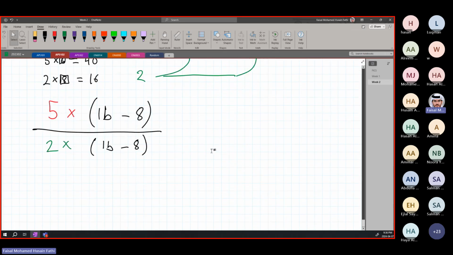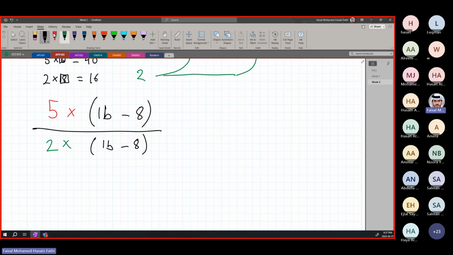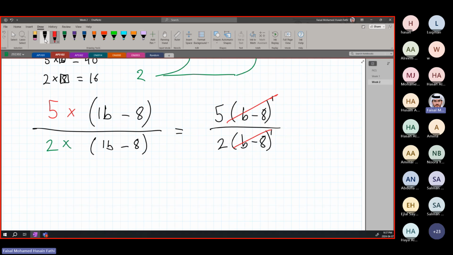So we notice now that we have the exact same expressions over here. If I simplify this, it is going to be b minus 8 over 2 times b minus 8. Since these are the same power, I can directly cancel these two. And the final answer is equal to 5 over 2.